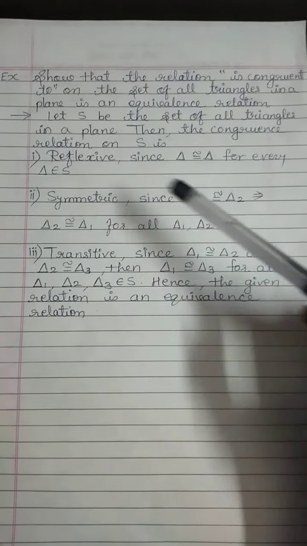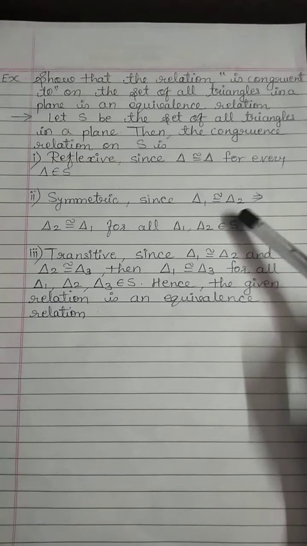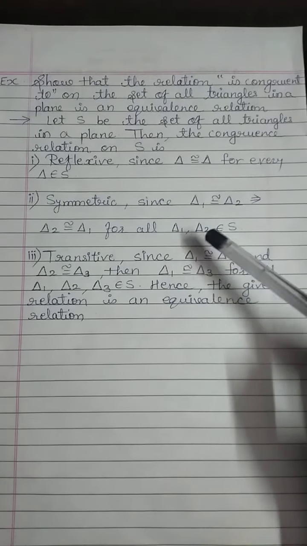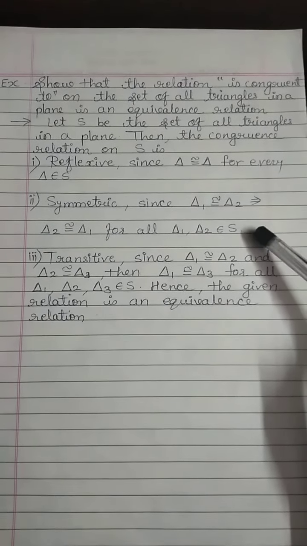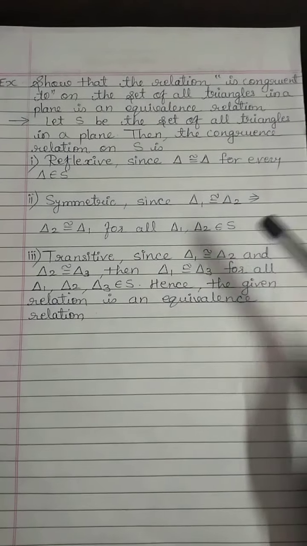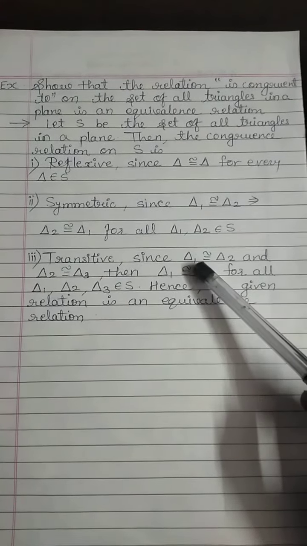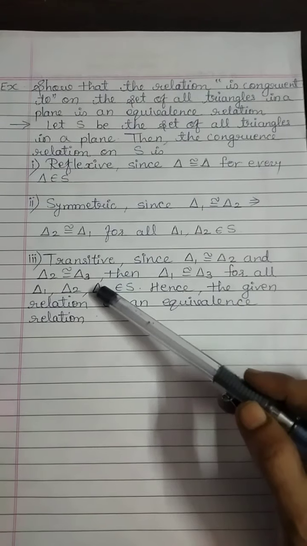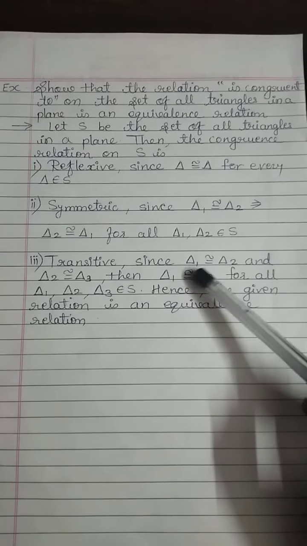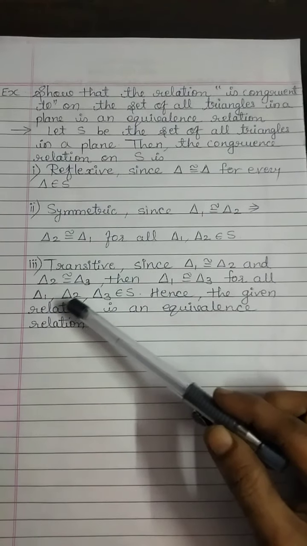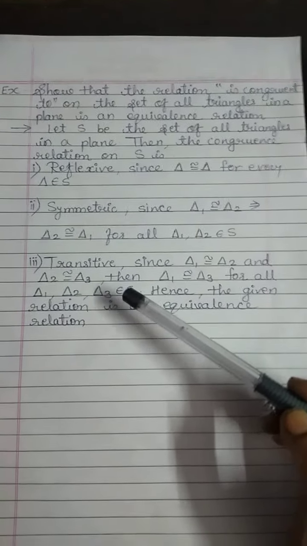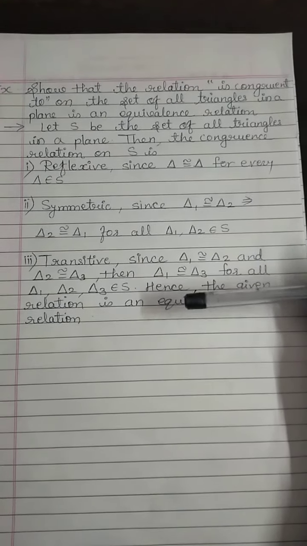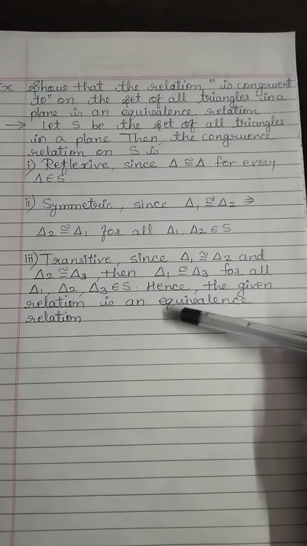For symmetric, if triangle 1 is congruent to triangle 2, implies triangle 2 is congruent to triangle 1 for all triangle 1 and triangle 2 belonging to S. And for transitivity, if triangle 1 is congruent to triangle 2 and triangle 2 is congruent to triangle 3, then triangle 1 is congruent to triangle 3, for all triangle 1, triangle 2 and triangle 3 belonging to S. So from these three points, reflexive, symmetric and transitive, we can say that R is an equivalence relation.